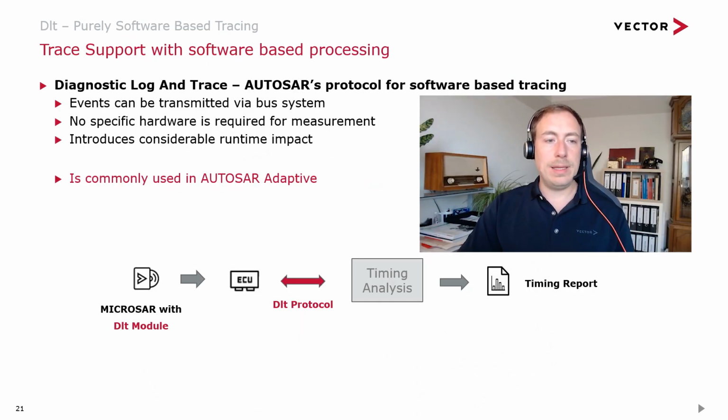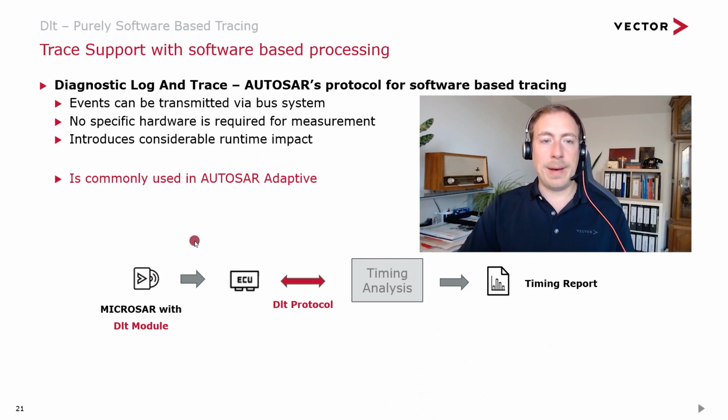So the way this solution works is you can work with each production ECU and send the data via the protocol to a timing analysis tool. That means you don't need to invest into a lot of a hardware setup.